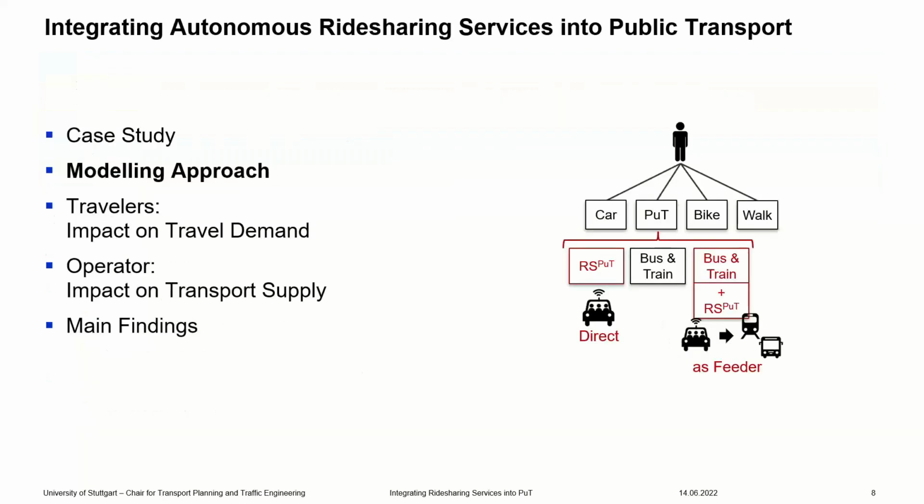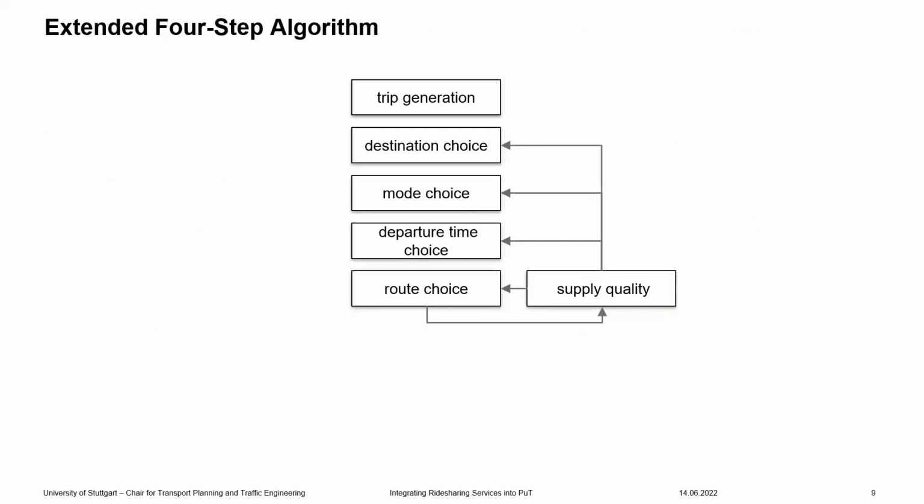So now getting to our modeling approach. As I told you, we have a standard macroscopic travel demand model, and it follows the 4-step algorithm. The typical 4 steps of the 4-step algorithm are the trip generation, the destination choice, the mode choice, and the route choice.